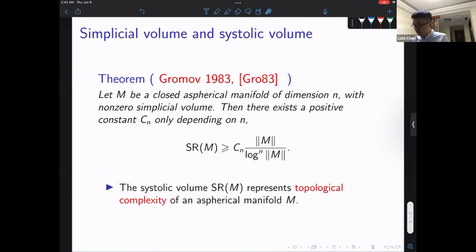In general, for systolic volume, we have a theorem, again given by Professor Gromov. For an aspherical closed manifold M in dimension n, which also has non-zero simplicial volume, we can find a constant C_n such that the systolic volume is related to the simplicial volume in this way.